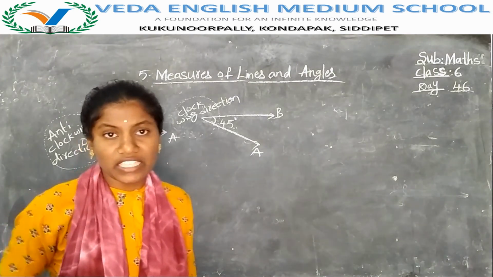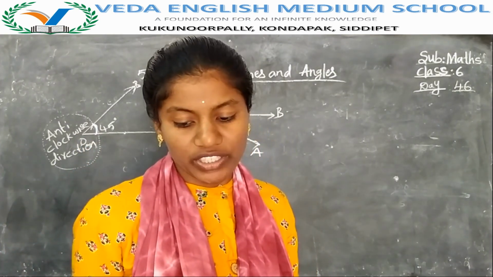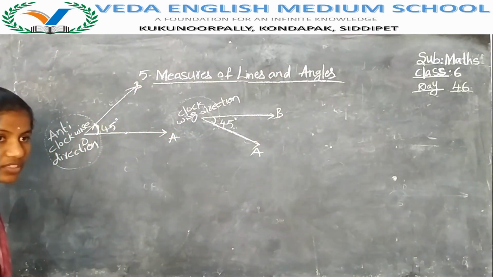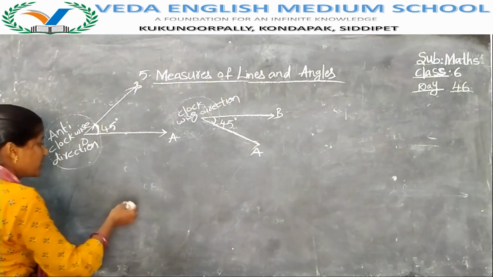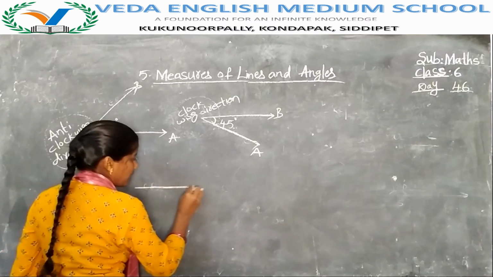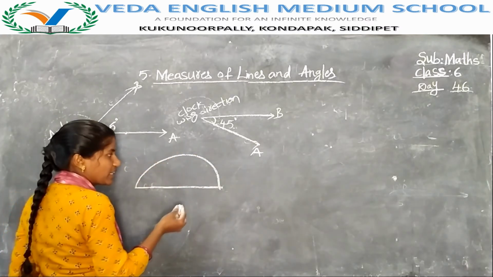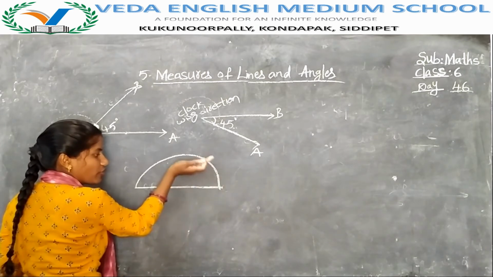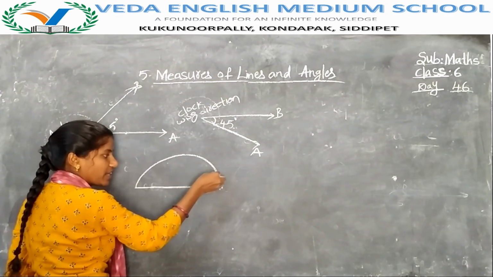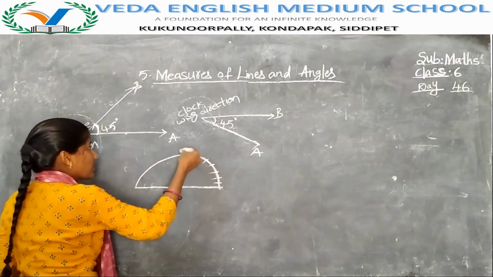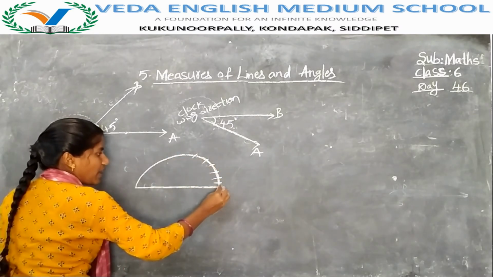The angles which are moving in anti-clockwise directions are represented by positive angles. For example, it is a protractor. On the protractor, if you want to draw 45 degrees, then you have to count from this onwards. Here we have 0, 10, 20, 30, 40, 50. That means here we are moving in anti-clockwise direction.